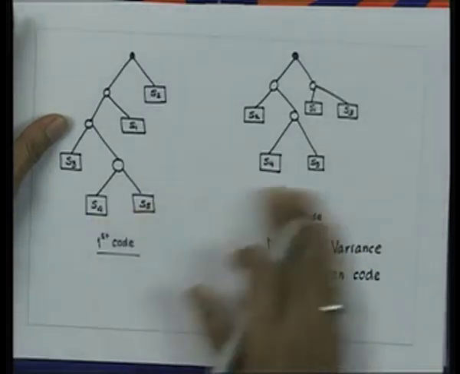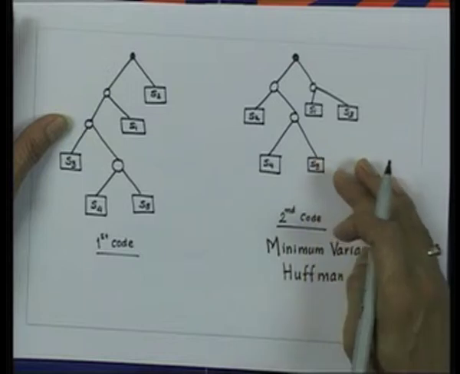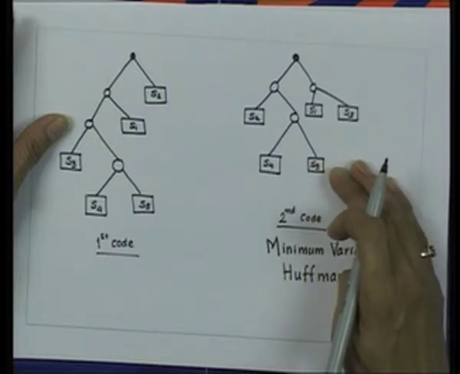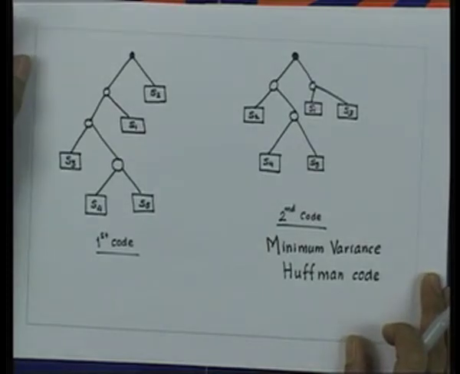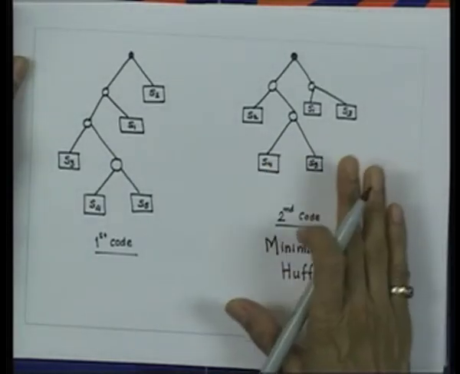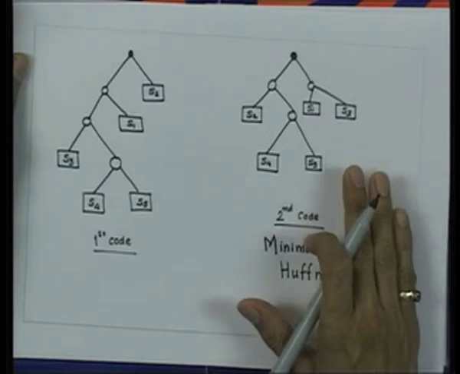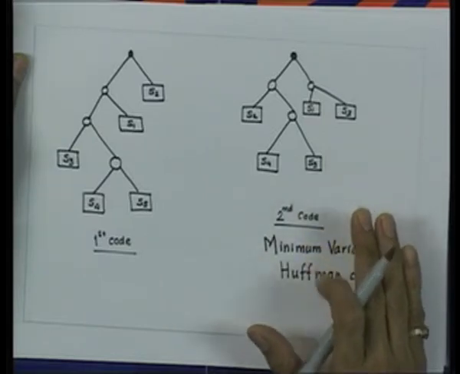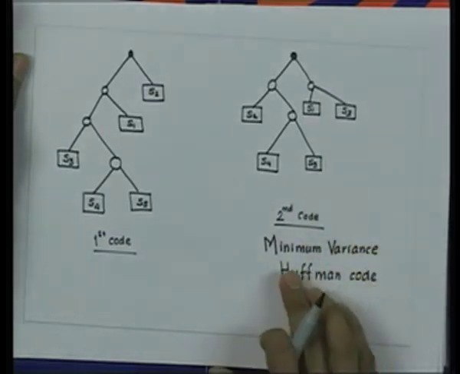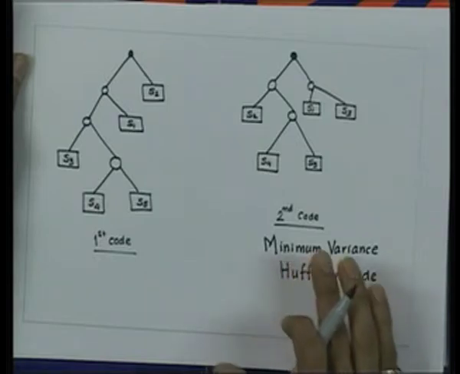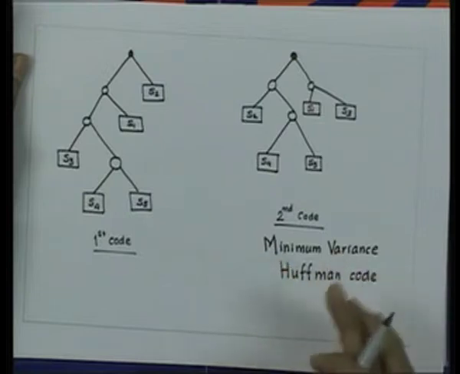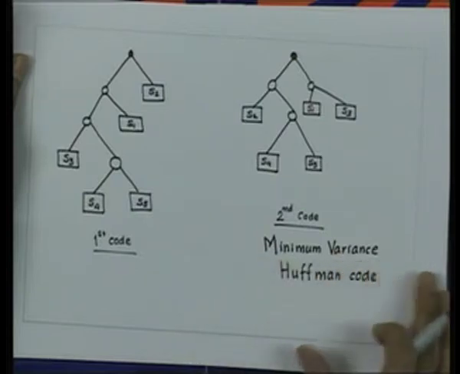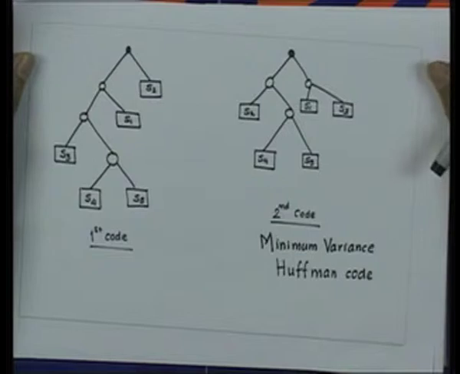Though the average lengths are the same, you will find that the variance for the second code turns out to be lower than the variance of the first code. Whenever we design using the procedure which we have discussed, the code we get from that Huffman code design procedure is known as the minimum variance Huffman code.